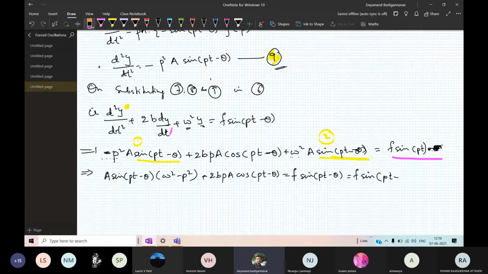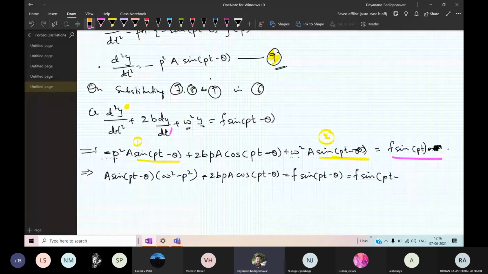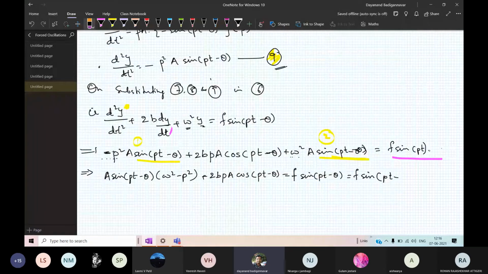So this is sine of PT. Let it be. Now what I will do is here also. It is online, no. So therefore, what happens? It is refreshing. Therefore, it's not giving you the online.